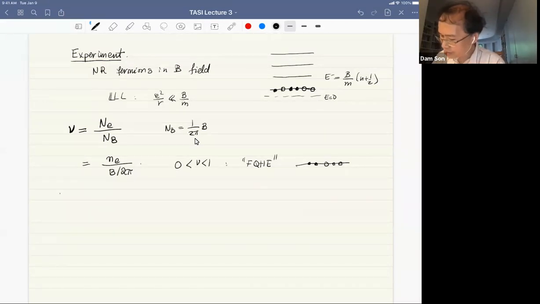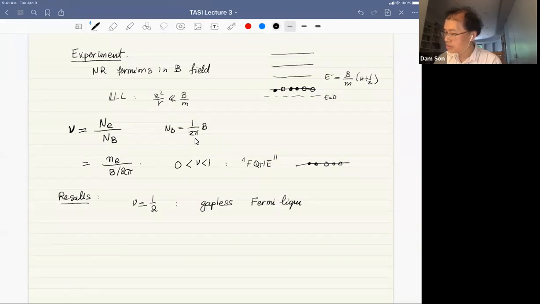So the experimental result that we will need is the following. If mu is equal to 1/2, the system is gapless. And it is a gapless Fermi liquid. When mu is equal to n divided by 2n plus or minus 1, the system is gapped.